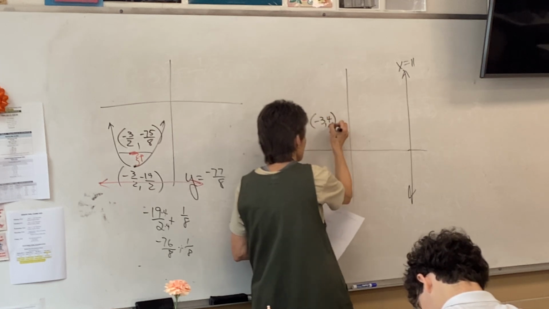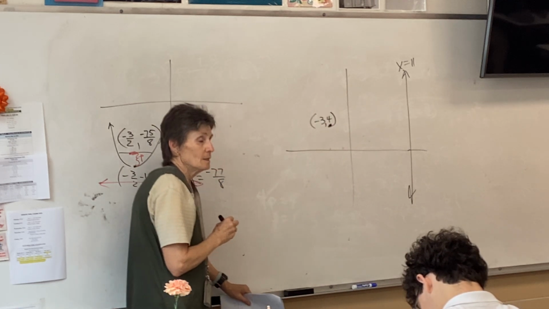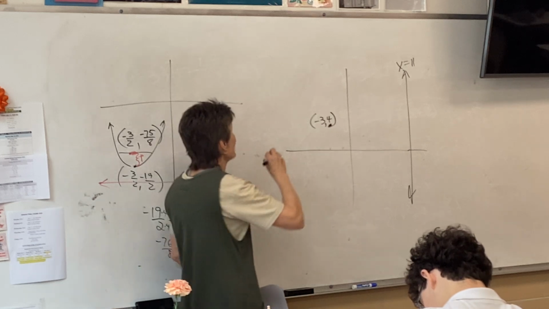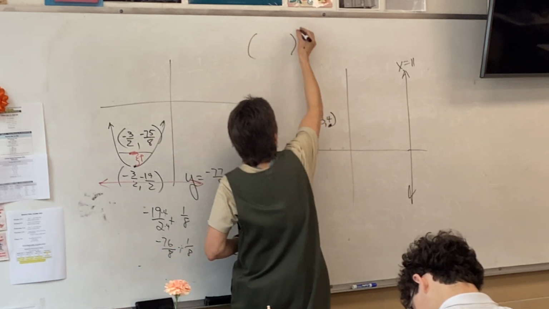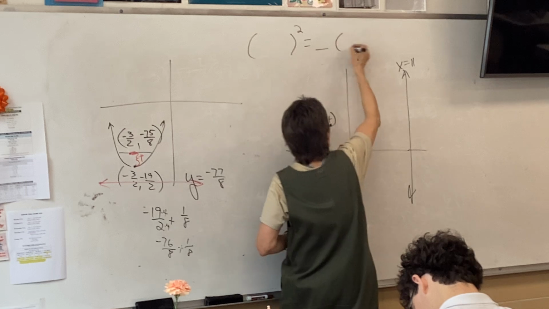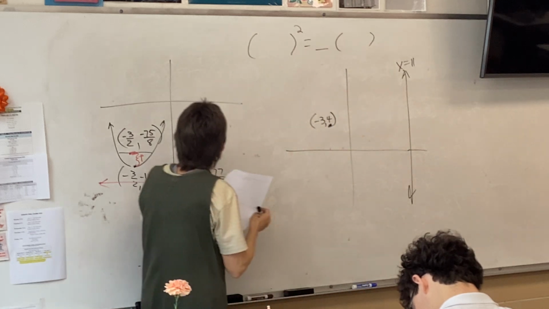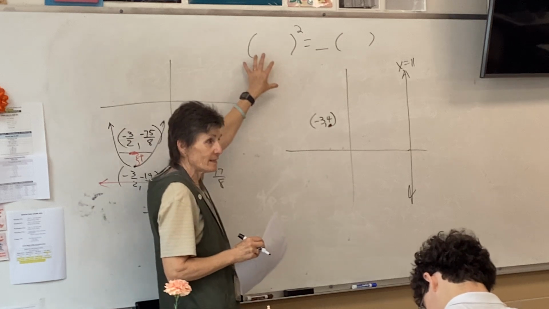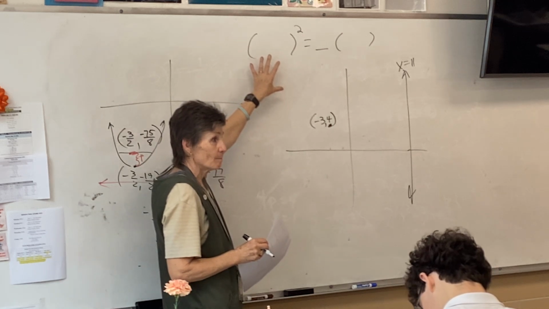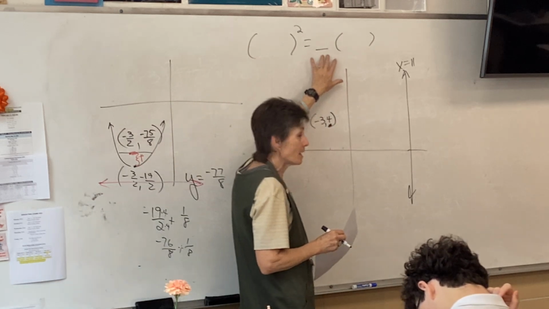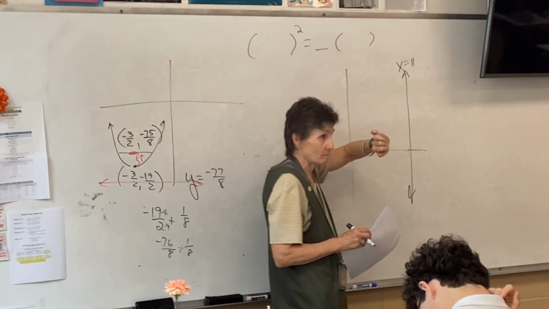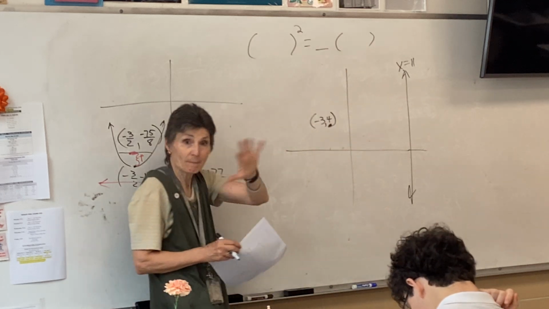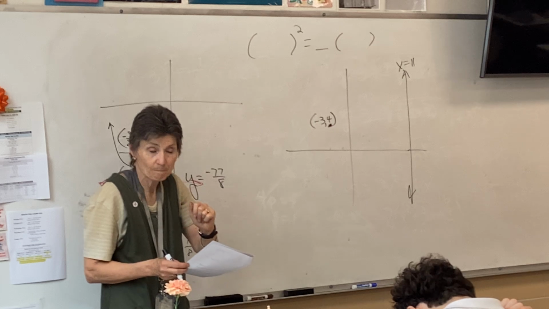That's my focus. And what I am shooting for is an equation that looks like this. It has a quantity squared, and then it has a plain number and a quantity not squared. That's what my parabola equations have looked like.